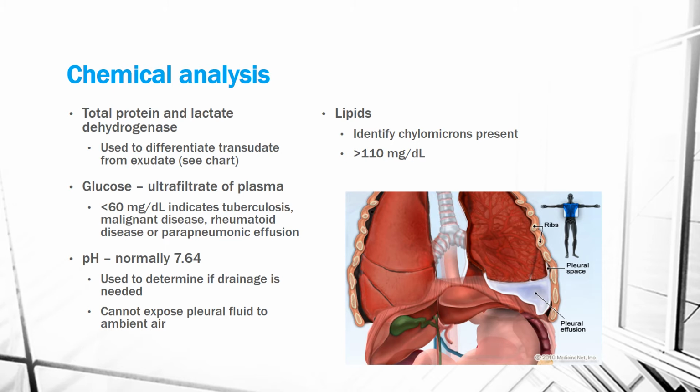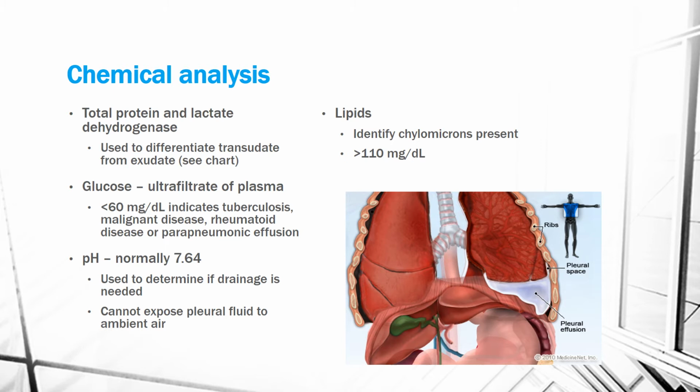Also, we try to figure out if a fluid has the presence of certain lipids in it. In particular, the presence of chyle, which contains chylomicrons. These are those specimens that have that white haze.